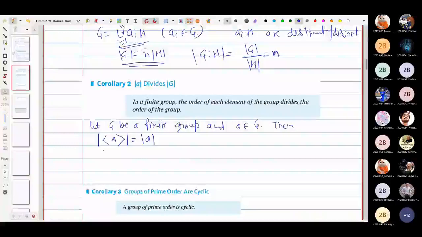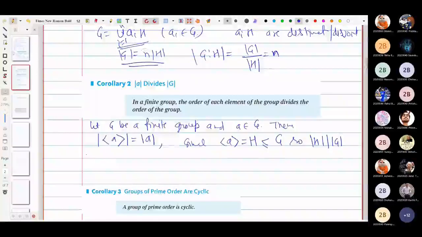Since this is a subgroup, let this equal H, and this is a subgroup of G that we know. So the order of H should divide the order of G by Lagrange's theorem.